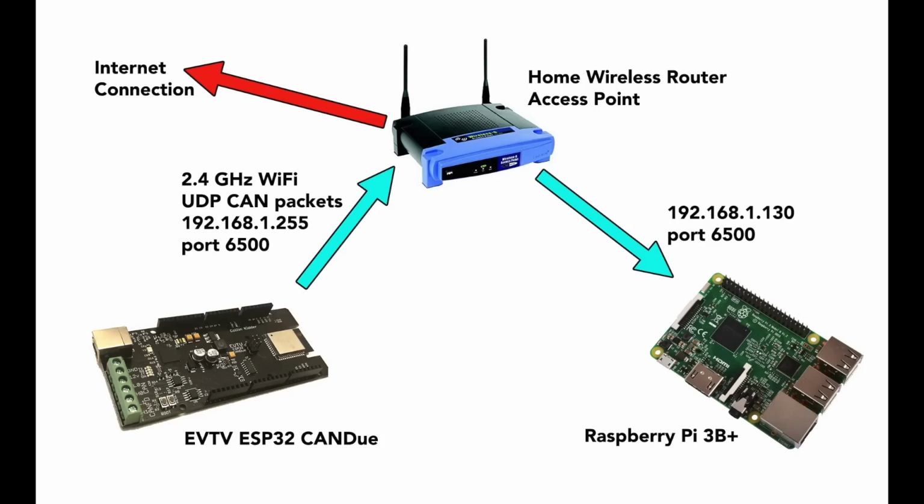We don't care about popularity or even universal applicability, as long as we agree on a specific port on both ends of the transmission. We can do that. And so we can set up our Raspberry Pi to get on the access point, get an IP number, and then monitor port 6500.